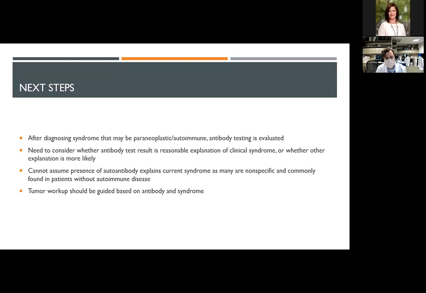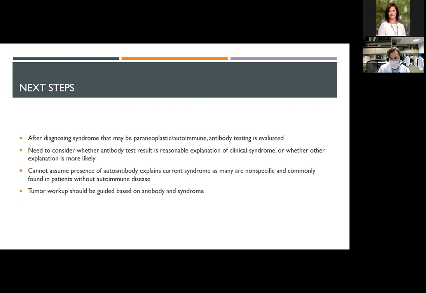But when you get this panel back and there's something positive on there, we have to ask ourselves, is this a reasonable explanation of the clinical syndrome, or is there more likely something else going on? The problem is if you just assume that any antibody test that comes back with any kind of positive is meaningful, there's going to be a lot of false positives. One, because we send a lot of antibodies. Two, they do tend to be prone to false positives.